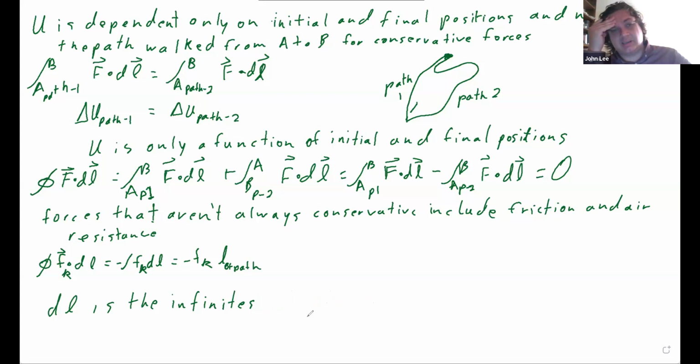If you're just going in one direction, it's dx or dy, but we want to say dl so you can have these more complicated paths and not worry about just going in the x or y direction, but going in any direction that you choose.